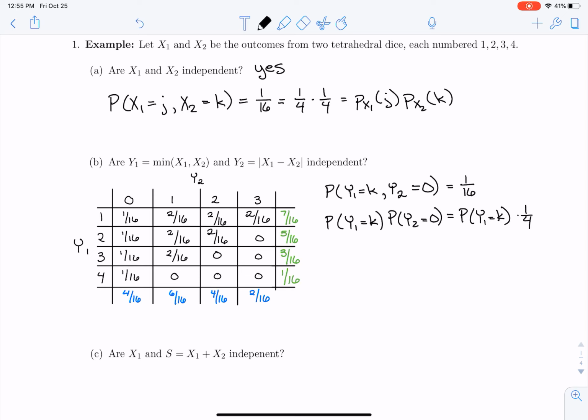But something that we should notice is that the probability that Y1 equals k, which is given by the row sums in green, is never 1/4. And so that shows that these probabilities do not multiply together to get 1/16.